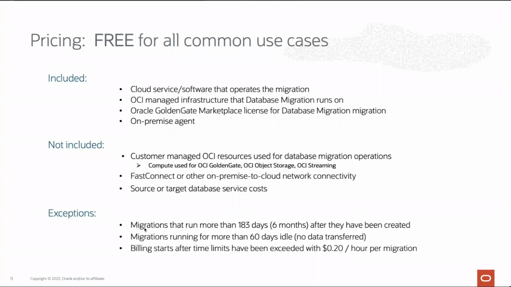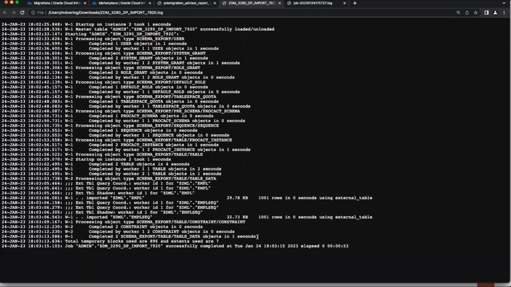There are two exceptions. For migrations that run more than 6 months after they have been created, and migrations running for more than 60 days idle, where there is no data transferred in the past 60 days. So let's go back here.